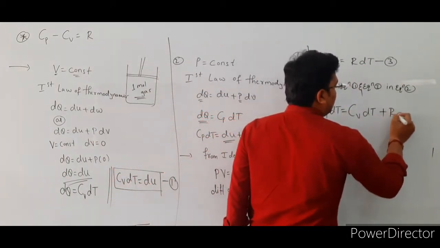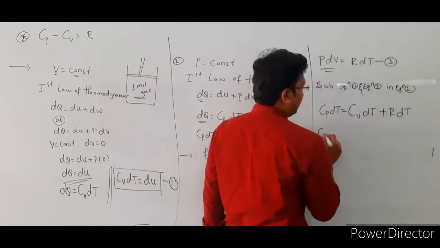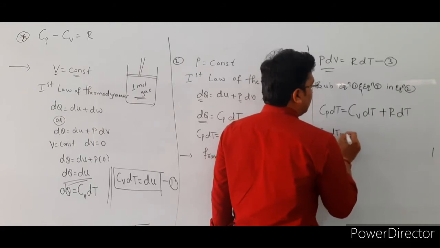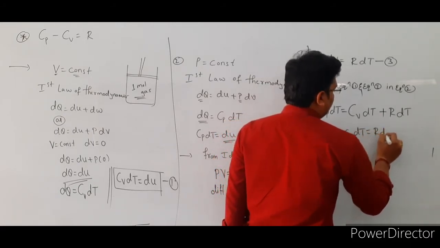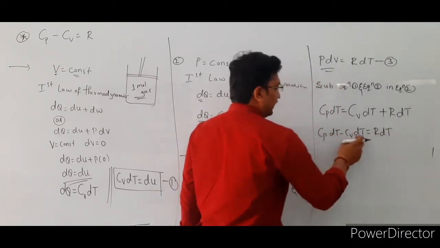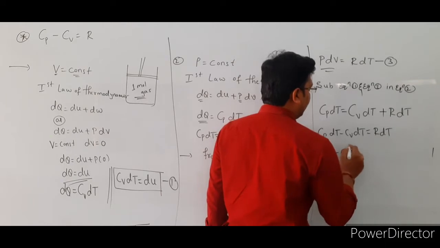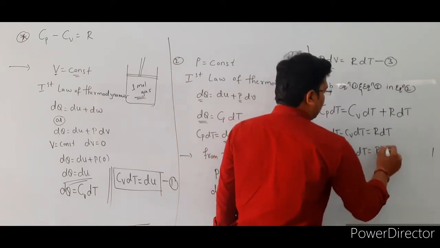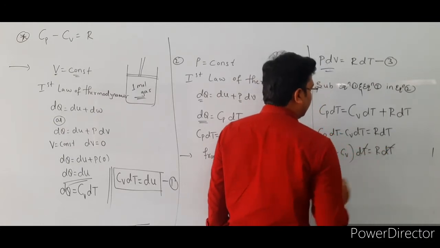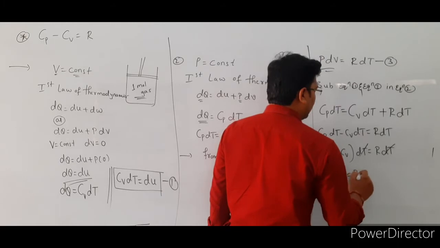Take this term to this side, that is Cp dT minus Cv dT is equal to R dT. Take dT common, then the equation becomes (Cp minus Cv) dT is equal to R dT. Here dT gets cancelled, and the remaining is Cp minus Cv is equal to R.